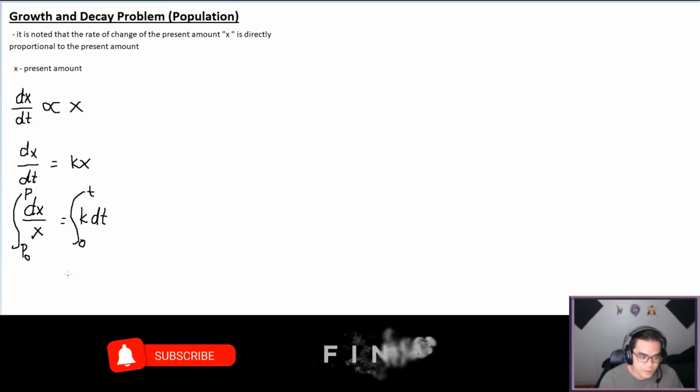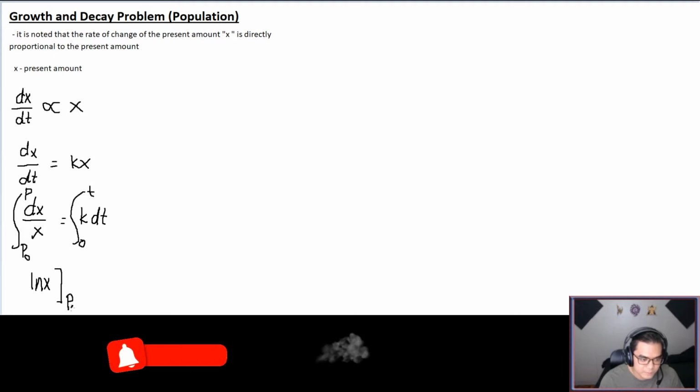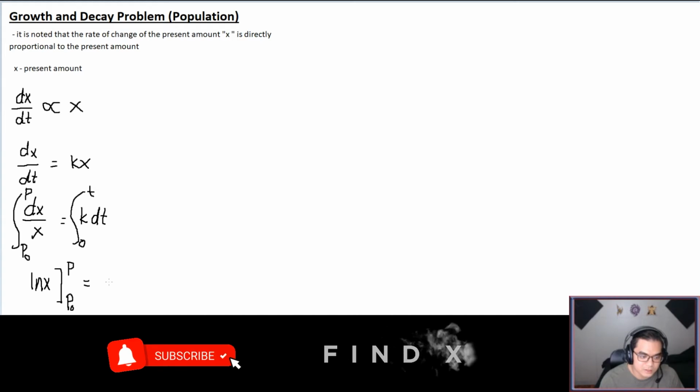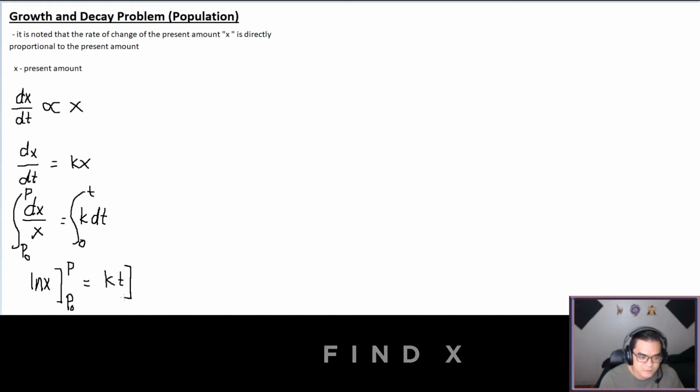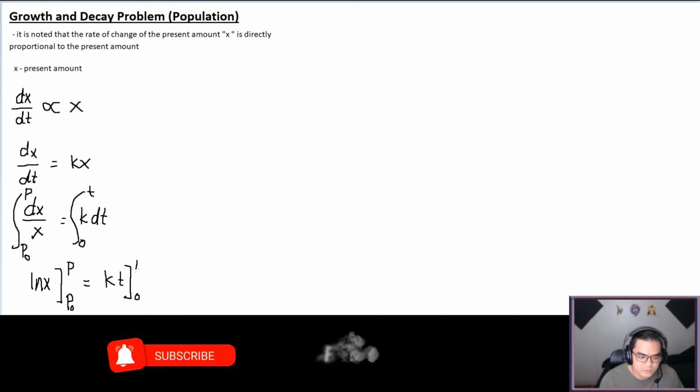Now performing the integral, the integral of dx over x is just ln x, with limits from P0 to P, and the integral of k dt is just kt, from 0 to t.